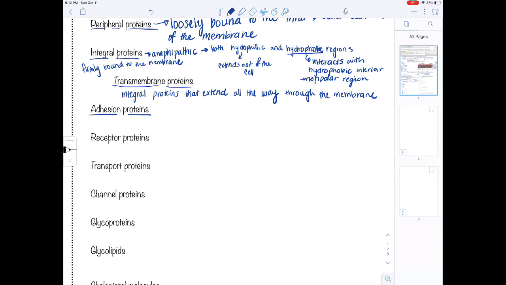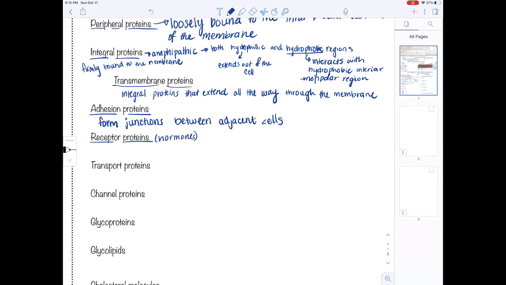Adhesion proteins are going to be forming junctions between adjacent cells. Then there are receptor proteins. So these, for example, work very closely with your hormones. They are docking sites for arrivals at the cell.